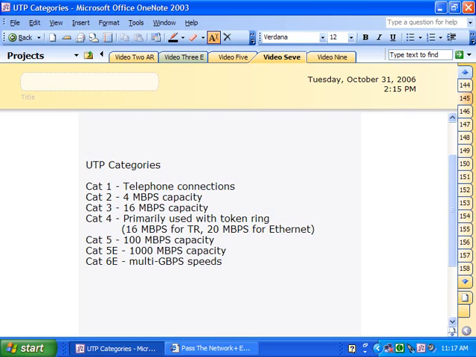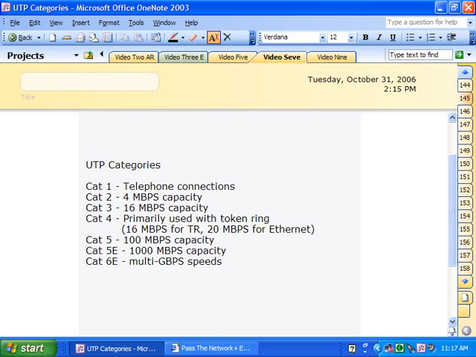You're only going to get fast Ethernet speed, up to 100 meg per second. To reach the full capacity, or even to begin to reach the full capacity of a gig Ethernet device, you've got to use Cat 5e. Very important detail there. I've seen that more than once. It's like, well, we've got this gig Ethernet port, we'll just take a Cat 5 cable and plug it in. Well, you can do it and it'll work, but you're not going to get gig Ethernet speed. You're going to get fast Ethernet speed.